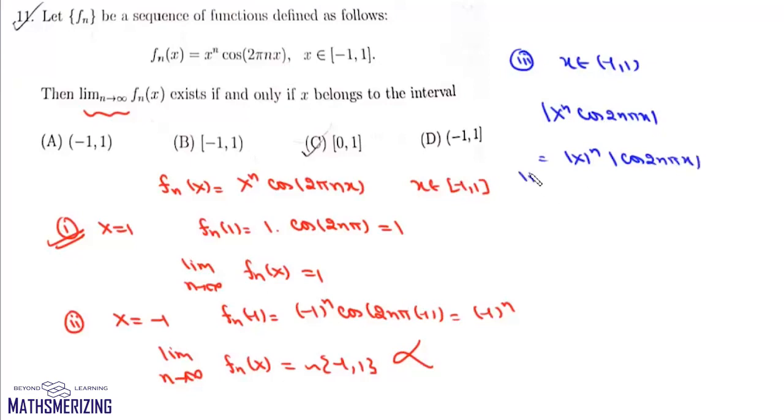And if we take this limit as n tends to infinity, now cos is an oscillating value from 0 to 1, and since mod x lies between 0 and 1, this is 0. Now 0 into anything finite is simply 0. In this case also, this limit exists. So this limit will exist if and only if x belongs to the interval where -1 is not included and 1 is included, and that's your option D.